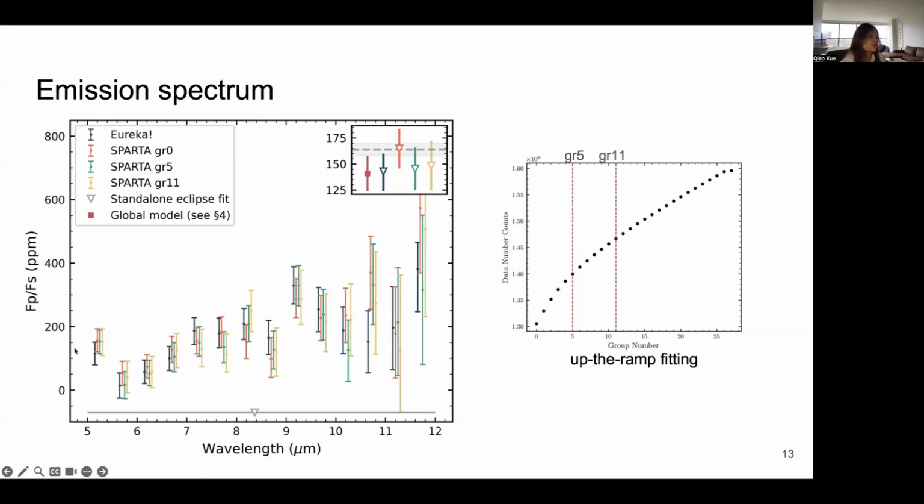In fact, we found they match each other pretty well. They have generally the same spectral shape, although the one removing 11 groups has larger error bars. In the end, we decided to use the one removing the first 5 groups as our preferred reduction.